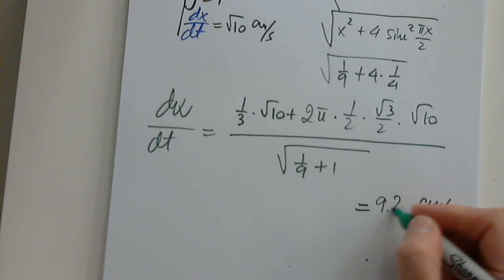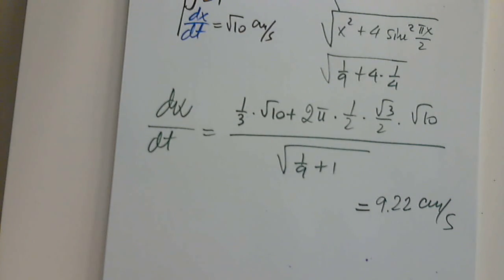Can anyone confirm? So I put 1/3, yes, the square root of 10, yes, plus 4. I put 2 pi, oh, yeah, no, I was looking at the top. Yes, so 2 pi divided by 2, so it's pi, yes, correct.